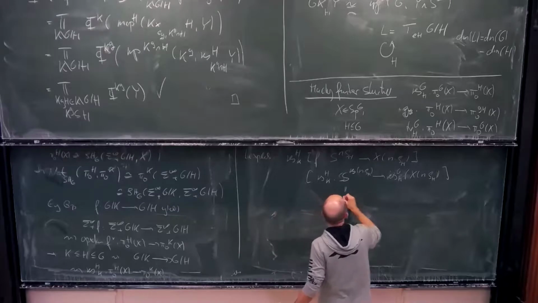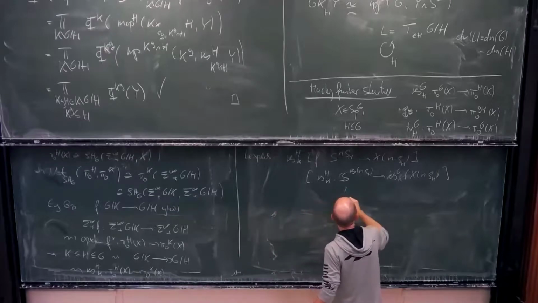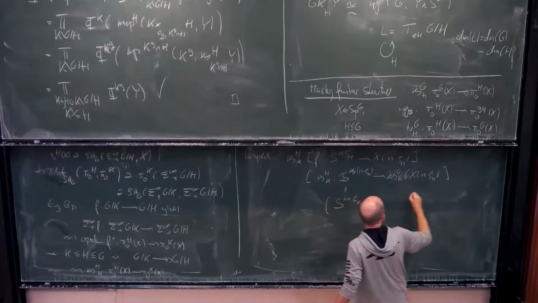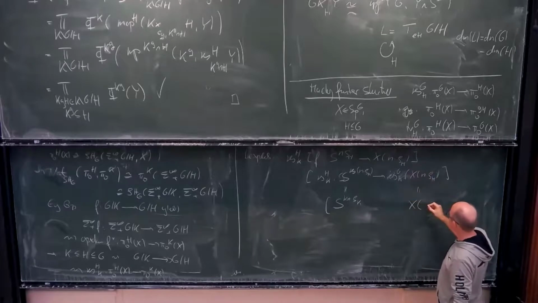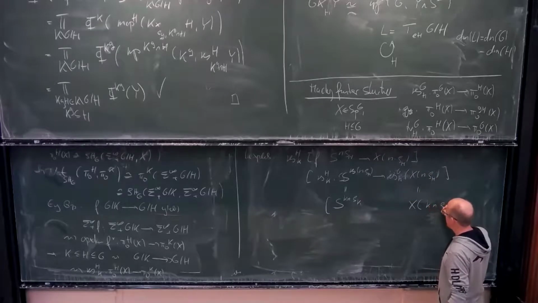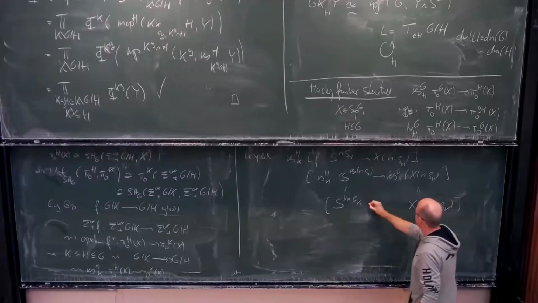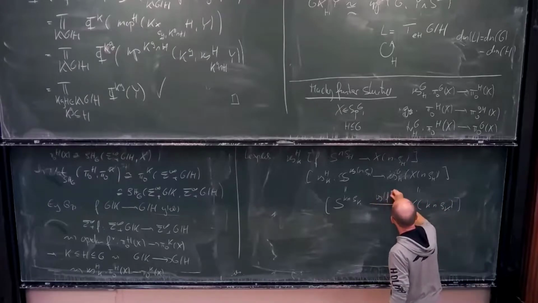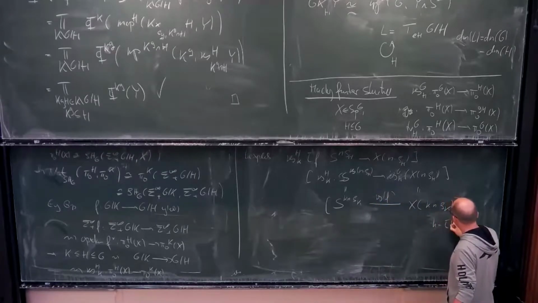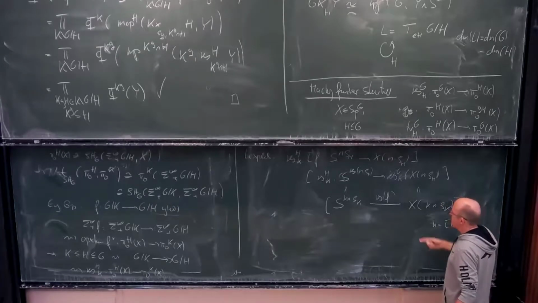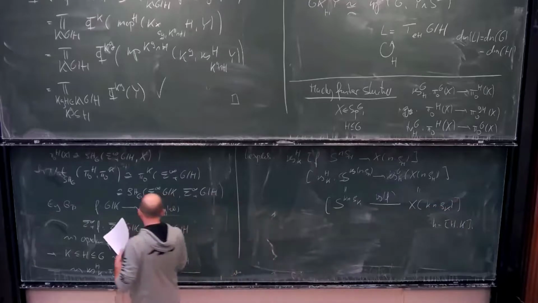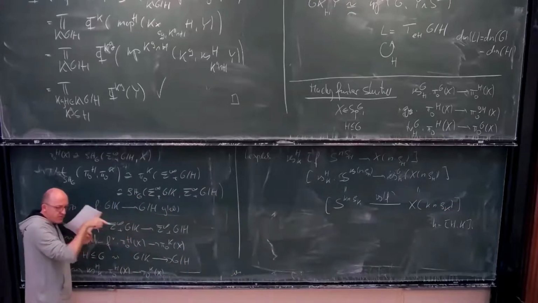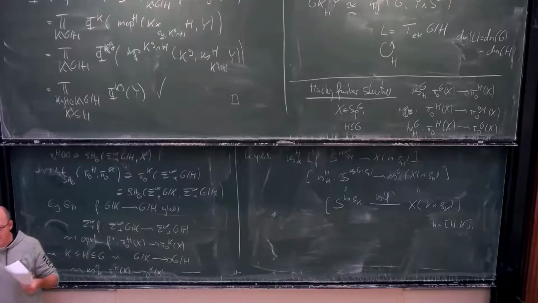So I can identify this if I choose coset representatives with n times m times the regular representation of K, and this would be X evaluated, well, formally the restriction of X evaluated at m times n times the regular representation of K. So here I have the restriction of f, and m would be the index of K in H. And so that's a K-equivariant map.